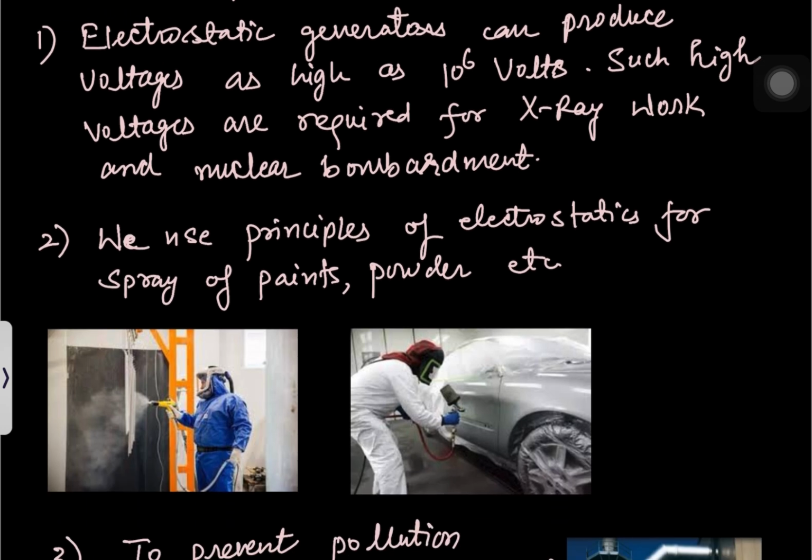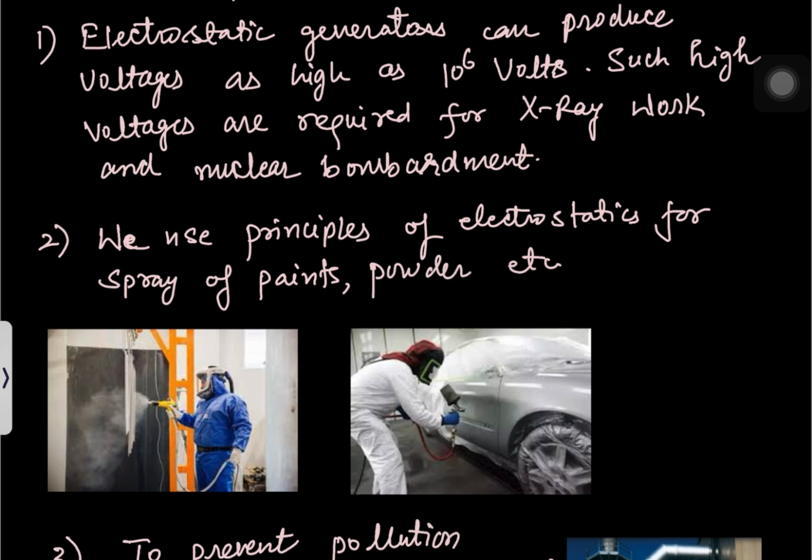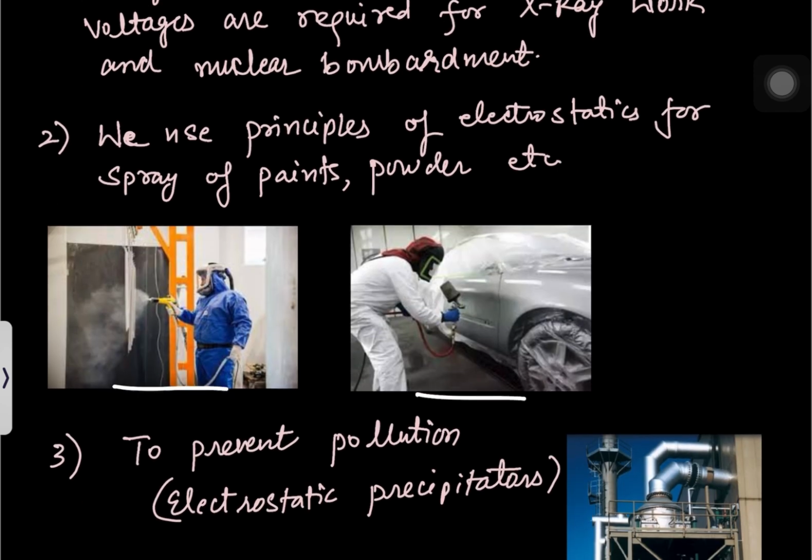Second thing, we use principles of electrostatics for spray of paints, powder, etc. For example, if someone is working to paint a car or a metallic surface or something like that, they use the principle of electrostatics for the spray of paints, powder. As you can see these two concepts in this particular picture.